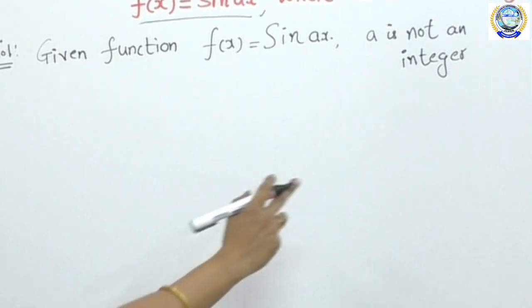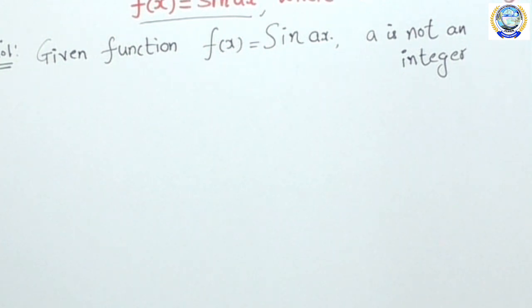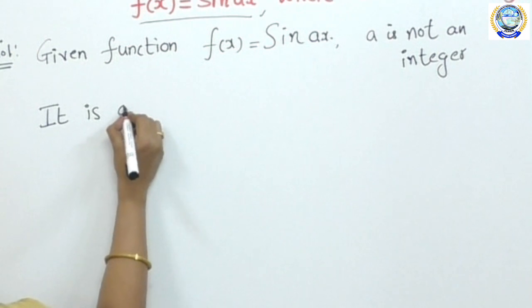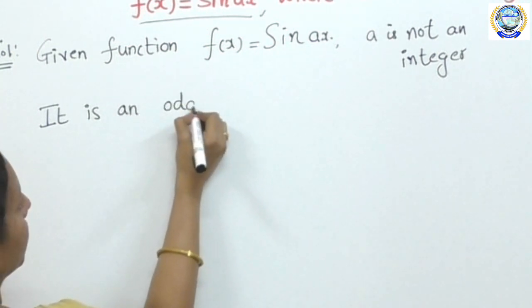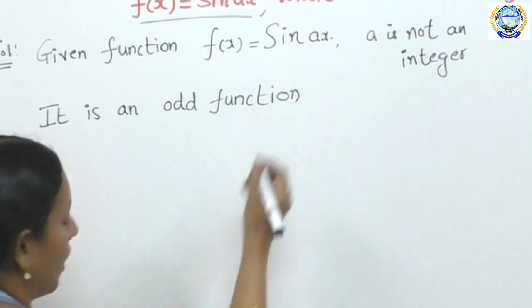We already showed that the given function sin ax is an odd function. So, it is an odd function.